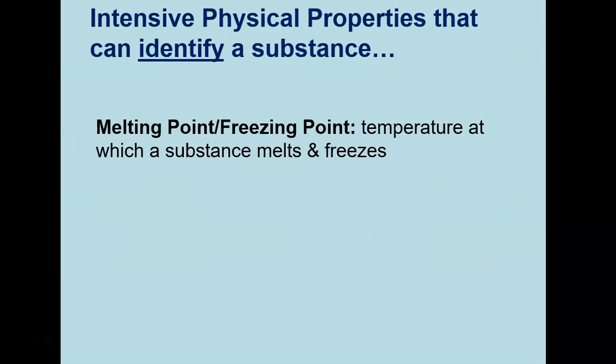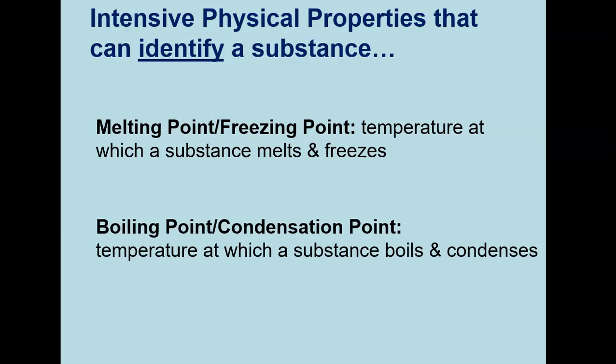Now, we do have some intensive physical properties that can identify a substance, and these are very specific to a substance. So we have the melting point or the freezing point, and it's the same temperature, the temperature at which a substance melts and freezes.